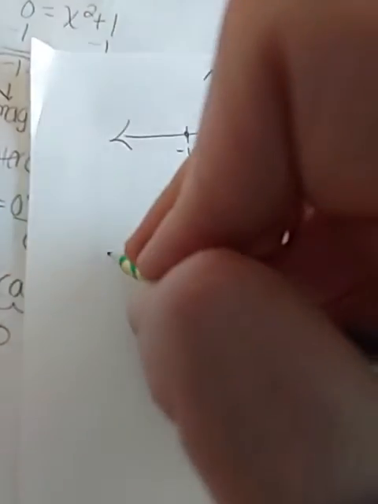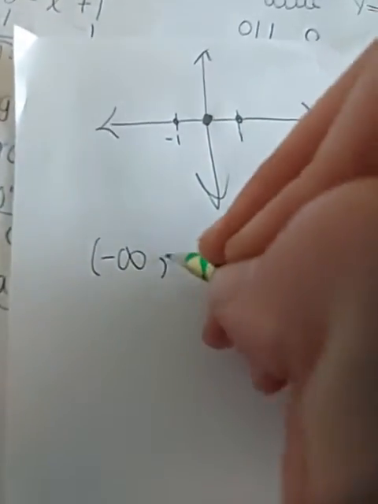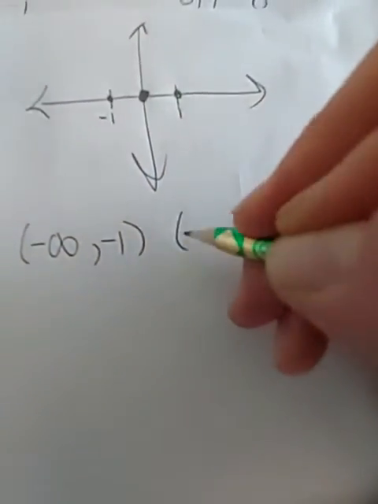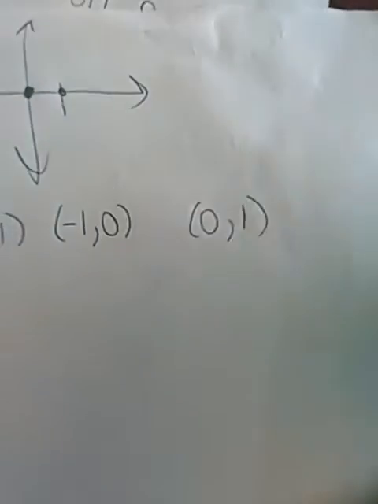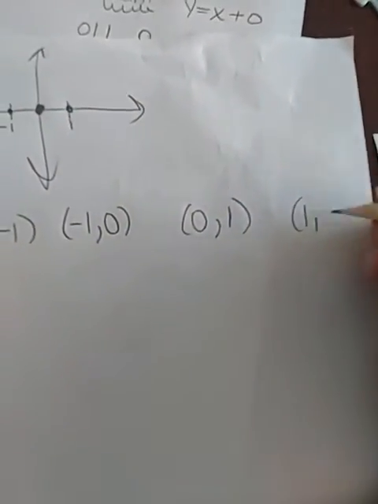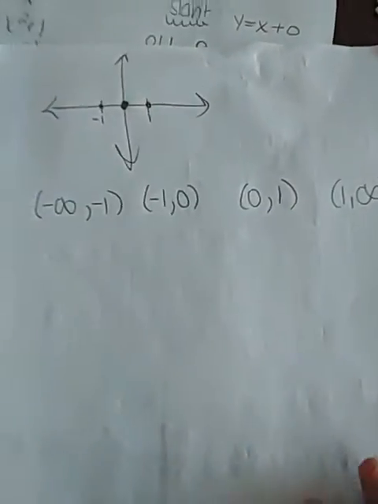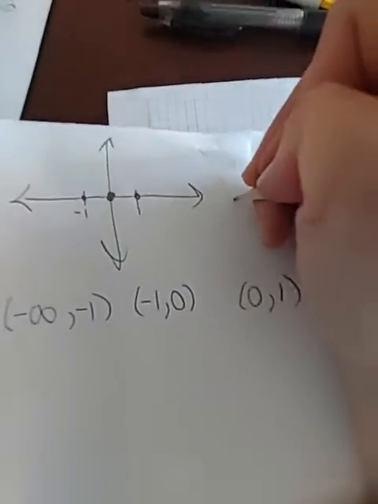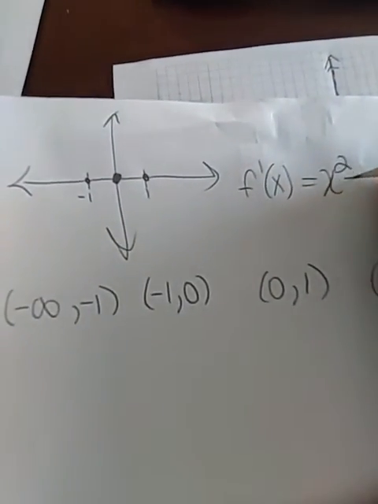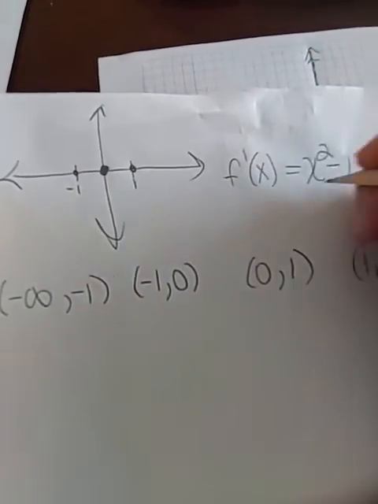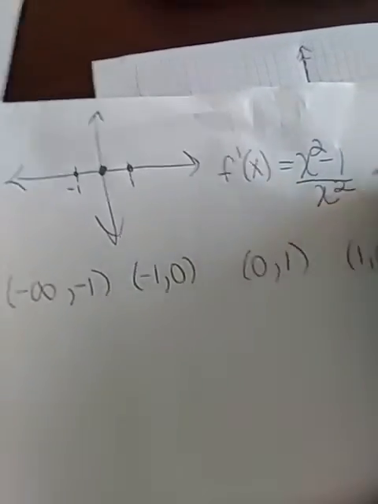All right, so we have negative infinity to negative 1, negative 1 to 0, 0 to 1, and then 1 to infinity. I need my first derivative to test it, so I'm going to pull my first derivative over, which is x squared minus 1 over x squared.